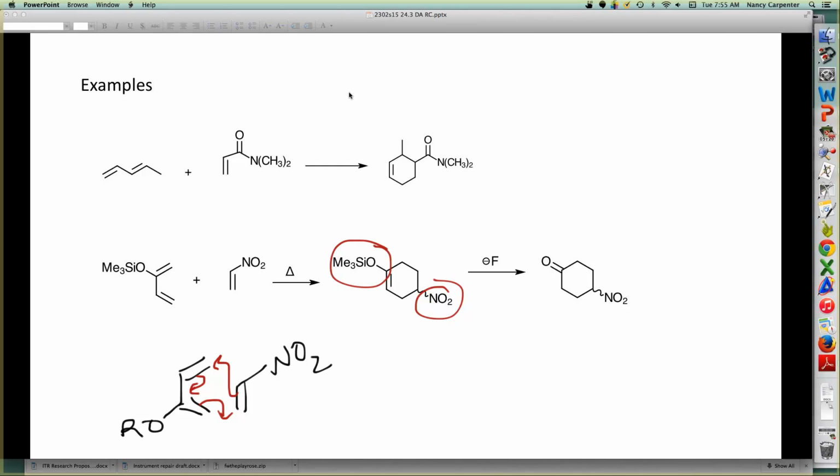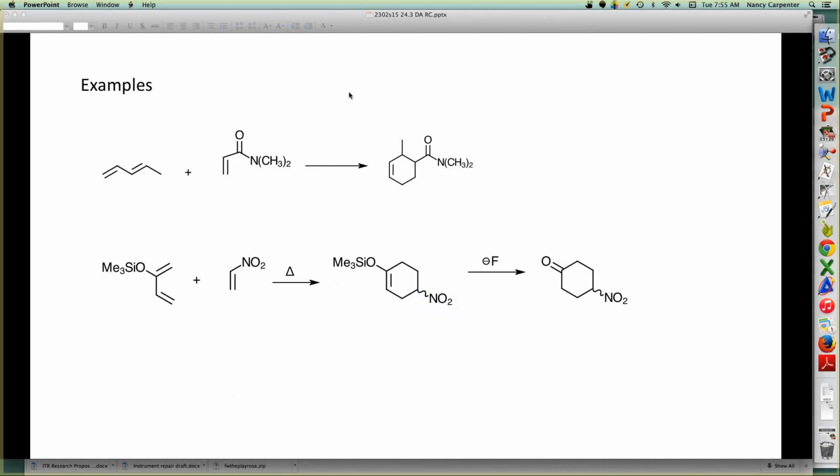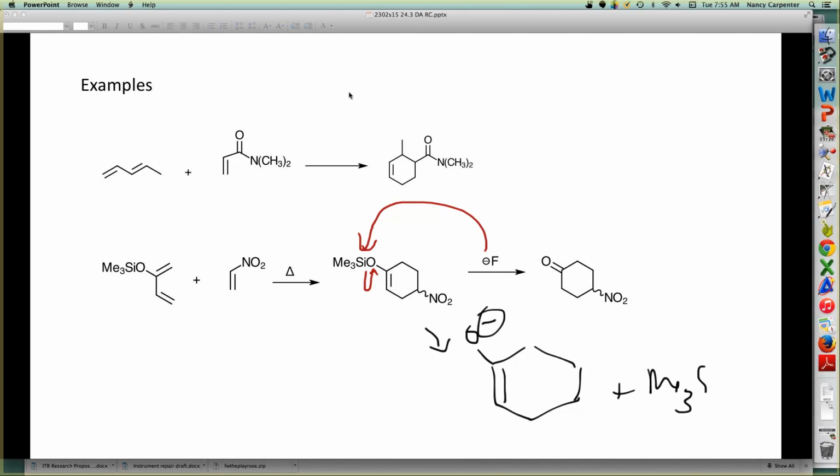In this particular reaction, this is a really nifty reaction because the fluoride anion is exceptionally good at reacting with silicon. And so it breaks the silicon-oxygen bond to give you this guy in just a plain old SN2 reaction plus Me3SiF.